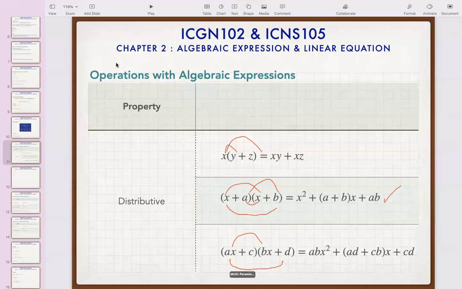And I, that is b times cx, so we get (ad plus cb) all together multiplied by x. And lastly we have L, last times last, that is cd. This is the distributive property that we get.